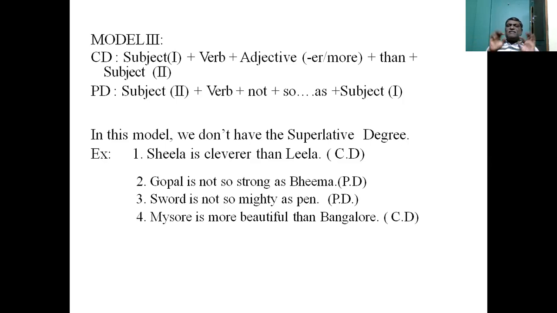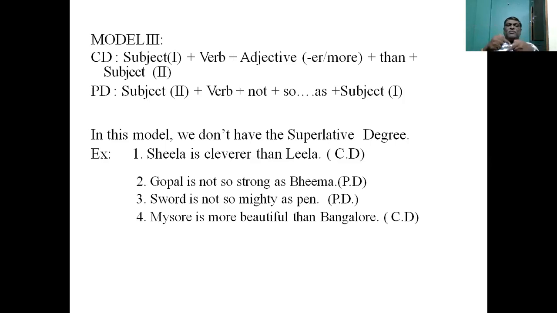First, try to understand this sentence closely. When you say Sheila is cleverer than Leela, are you trying to say that Leela is not clever at all? No. Leela could be clever. We're not denying that. But when compared to Sheila, she is not that clever. That's why we say that Leela is not as clever as Sheila. Independently, Leela could be clever.